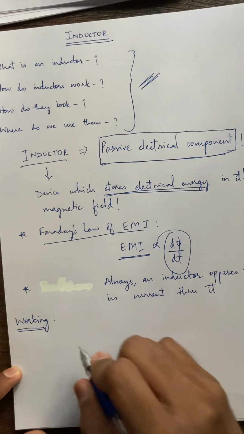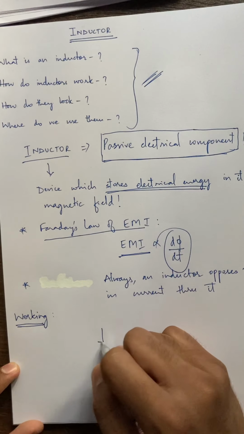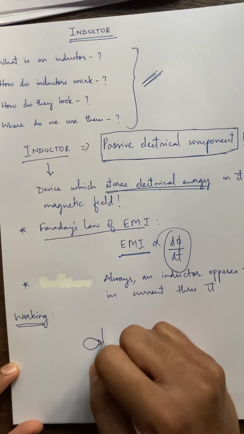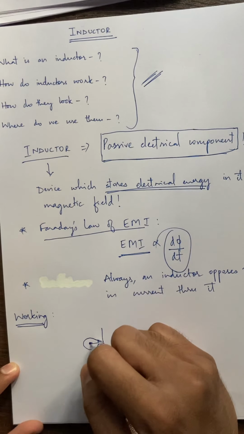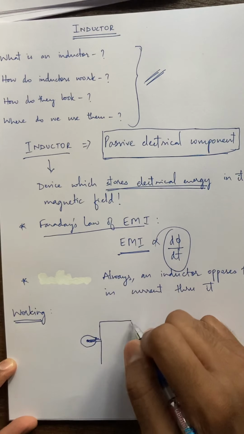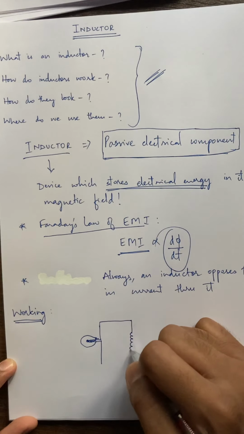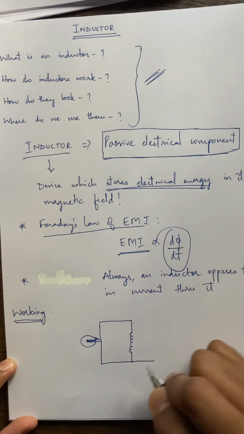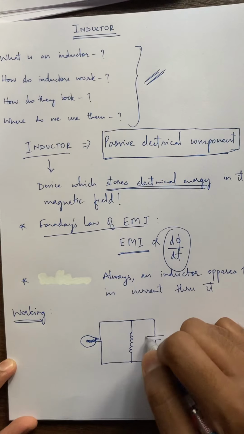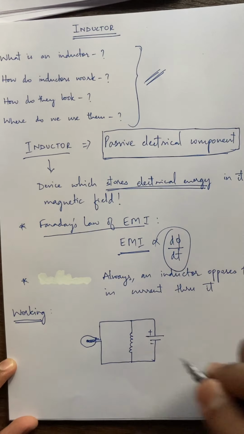Let me draw a circuit. Imagine that we have a light bulb. Please excuse me, my drawing is really bad. This is a light bulb. And we have an inductor connected in parallel to the light bulb. Then we have a source of energy, a battery, let's say. This is the positive, this is the negative terminal.